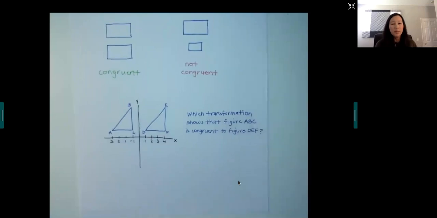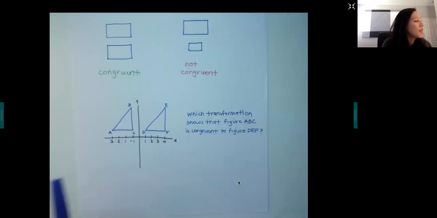You're going to see some questions like this one down here that asks which transformation shows that figure ABC is congruent to figure DEF. Because like we said in transformations, the size and the shape doesn't change, right? We're just turning, we're just flipping, we're just sliding. It's the exact same thing. So they're always congruent when you rotate, when you reflect, or when you translate.